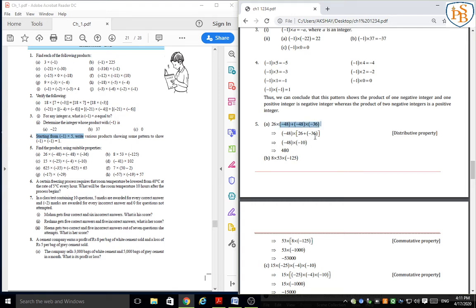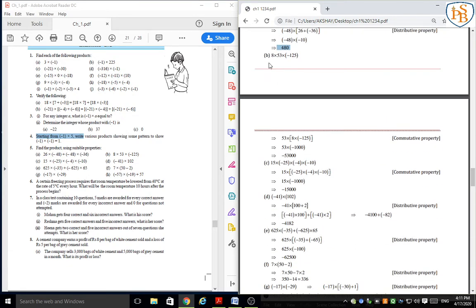So 26 and 36 carry opposite signs, so we have to subtract these numbers. 36 minus 26 is equal to 10, and 36 is the bigger number, so I give the negative sign to the 10. So what will be the answer? Negative 48 into negative 10 is 480. By the distributive property we can solve this example.